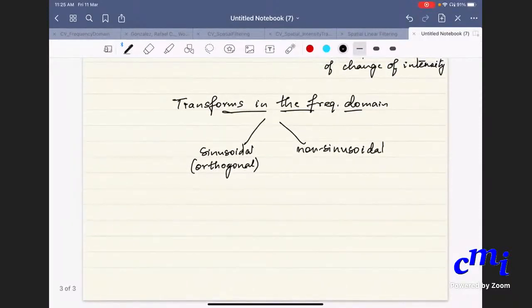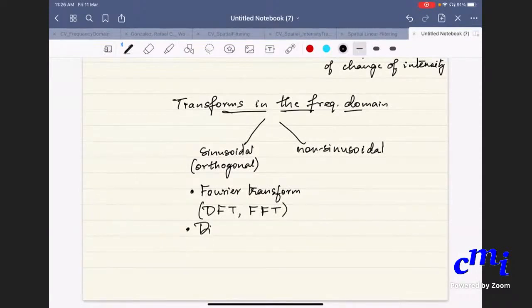So the Fourier transform is one example of these sinusoidal frequency domain transformations, which uses either the discrete Fourier transform algorithm or the fast Fourier transform algorithm. This is one example, but there are others also.